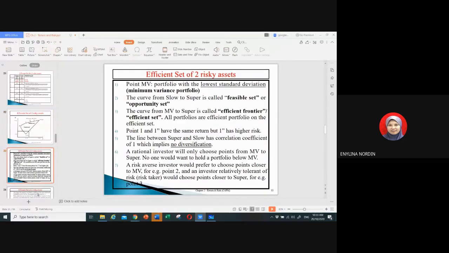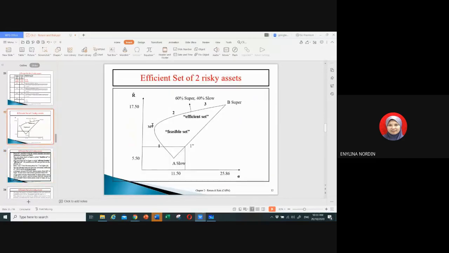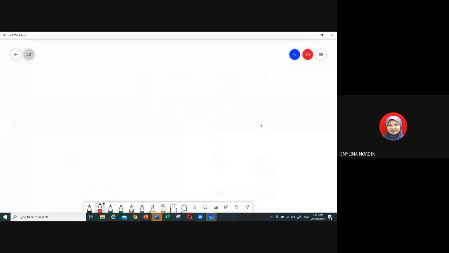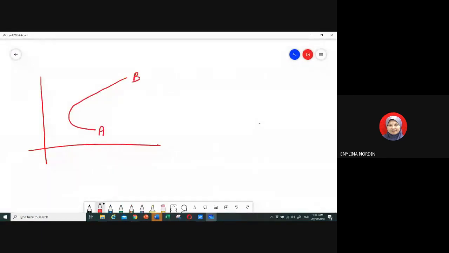Dan yang ini kita panggil efficient set. Maksudnya kalau saya draw diagram tu, macam ni. Okay, let's say based on the covariance tadi, inilah dia A, inilah B, dan ini adalah titik MV. So daripada titik sini melalui curve ni, ini kita panggil opportunity set.